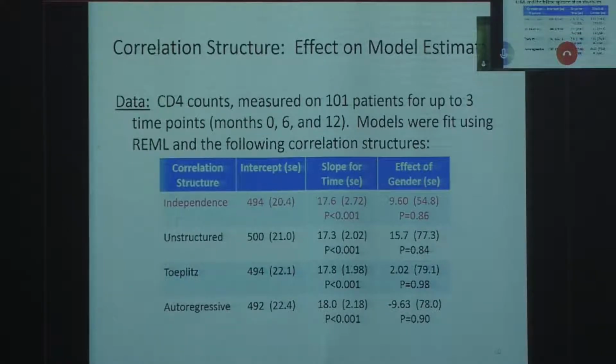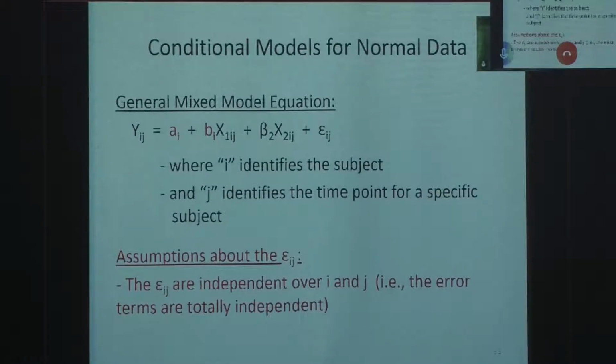Okay. I will switch then. These were marginal models. The correlation was accounted for through the epsilons and through that correlation matrix. What I'm switching to now are conditional models, so a different approach. You can use them for longitudinal data.